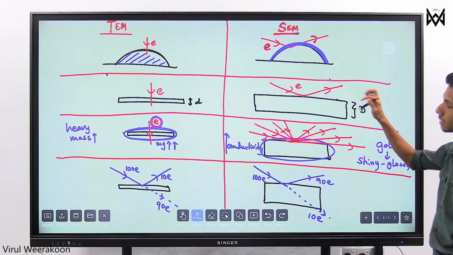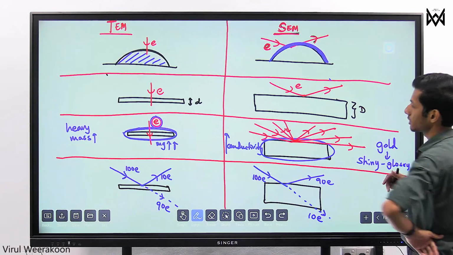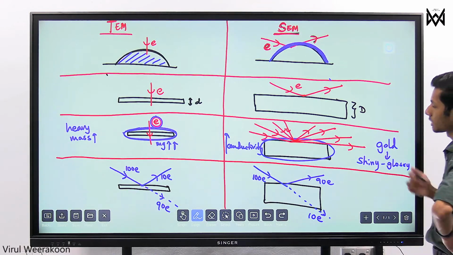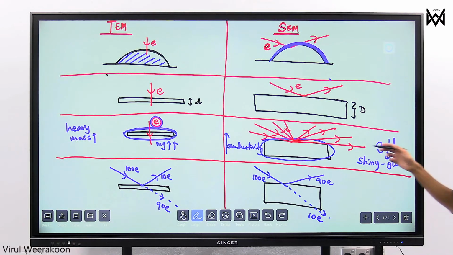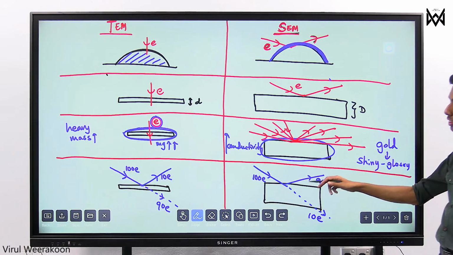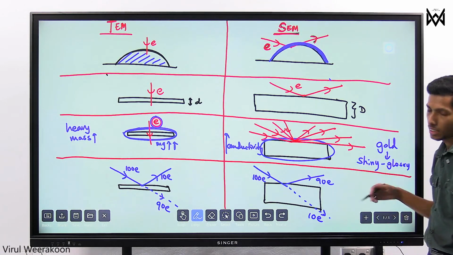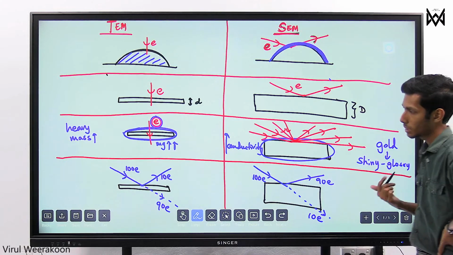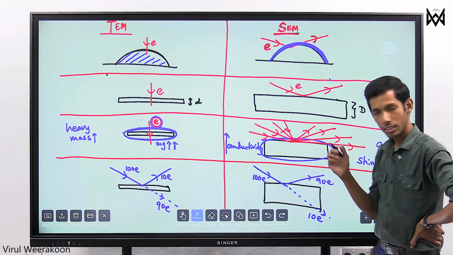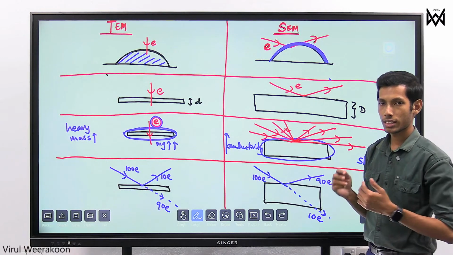Then the thickness doesn't matter, because even with thick specimens we are only going over the surface. The majority of electrons are reflected, not going through. For proper arrangement of the specimen, we coat it with gold. Gold is also a heavy metal, but we use it specially because gold is a shiny metal.